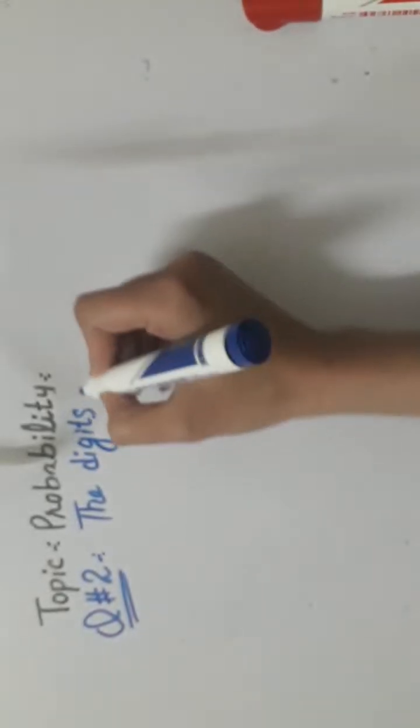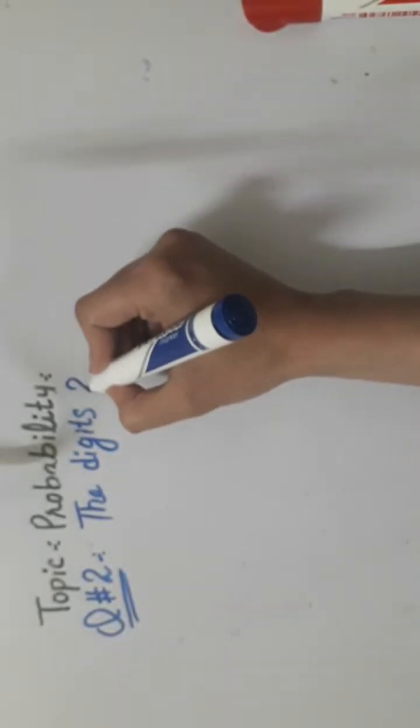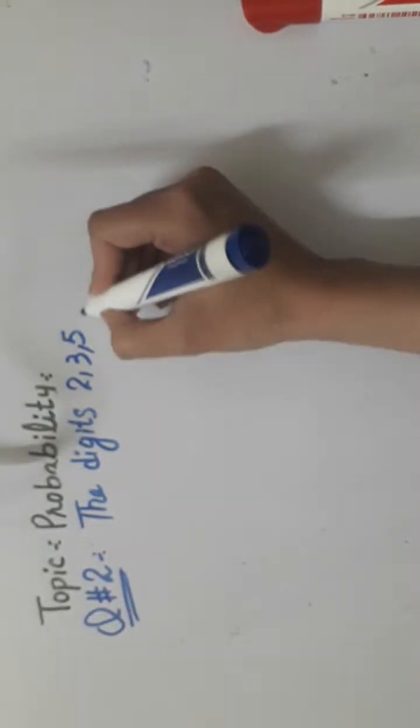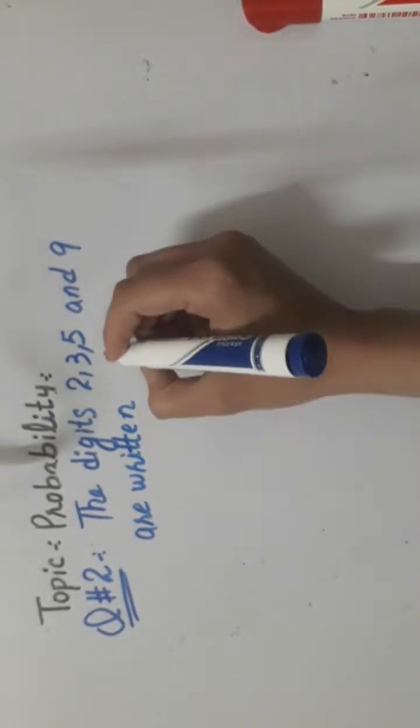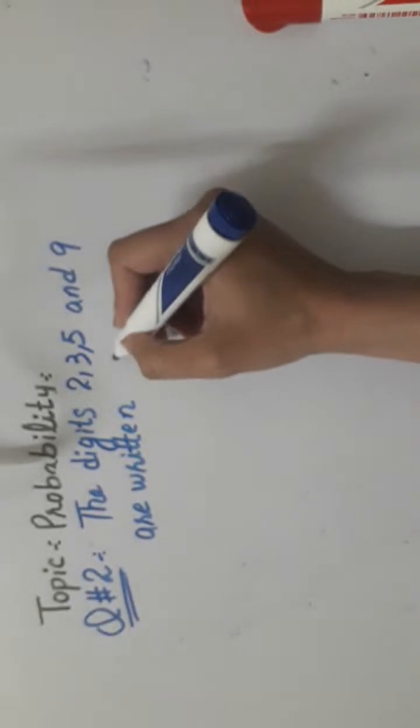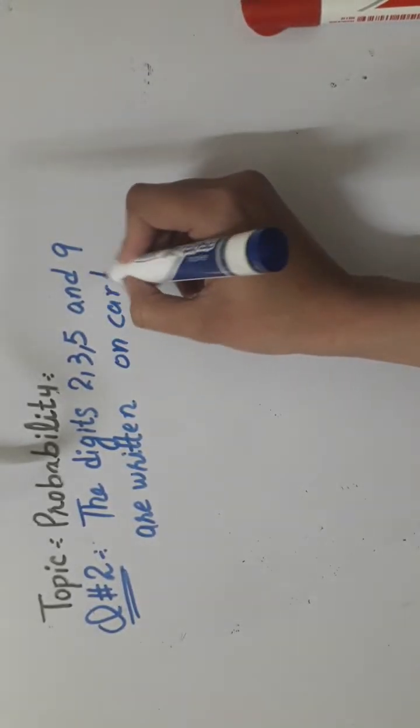The digits 2, 3, 5 and 9 are written on cards. These 4 digits are written on cards.